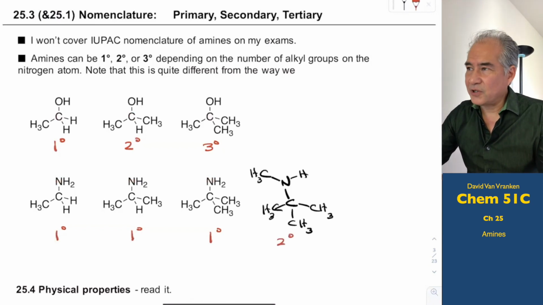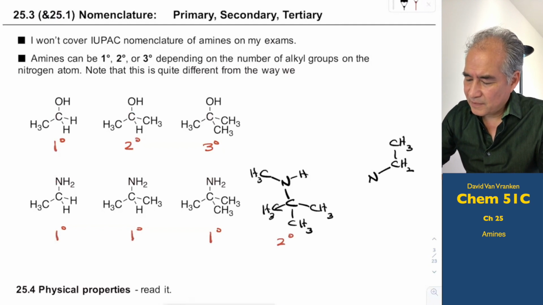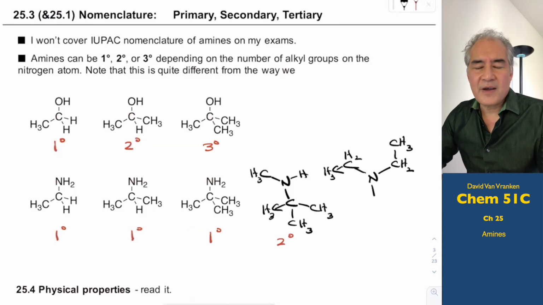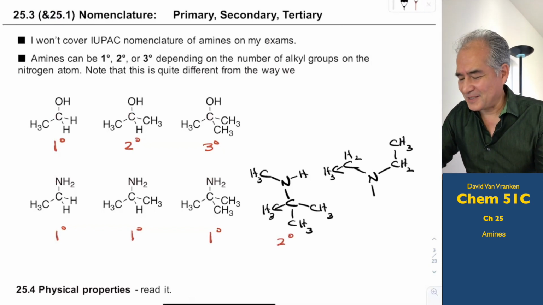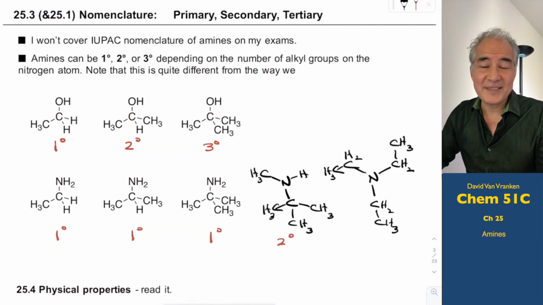And if we wanted to have a tertiary amine, let me draw the most common tertiary amine that we use in the laboratory all the time. And that's triethylamine. This is one of the most common bases that we use in organic chemistry. And why is this common in organic chemistry as opposed to sodium hydroxide? Because triethylamine is soluble in organic solvents, and sodium hydroxide is not.